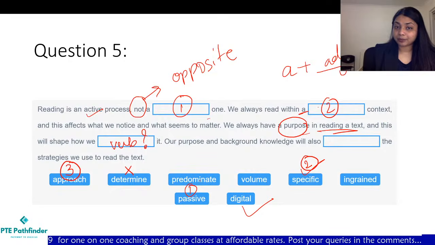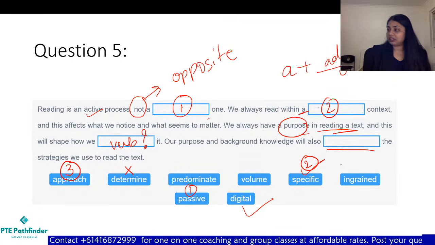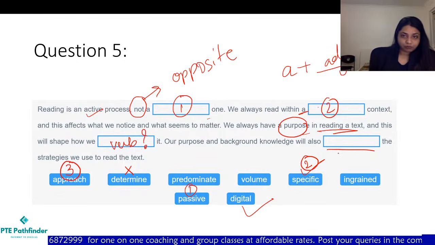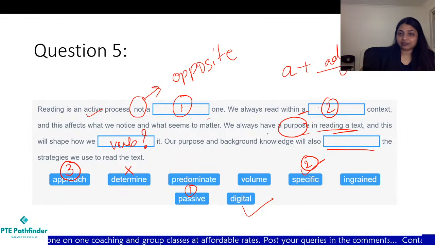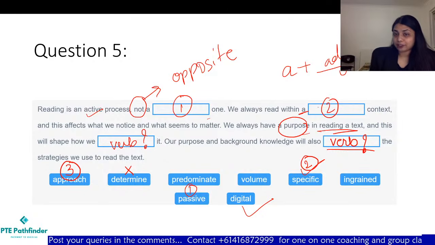So it says our purpose and background knowledge will also dash the strategies we use to read the text. So again, we need a verb in this case as well, and it's in its first form.